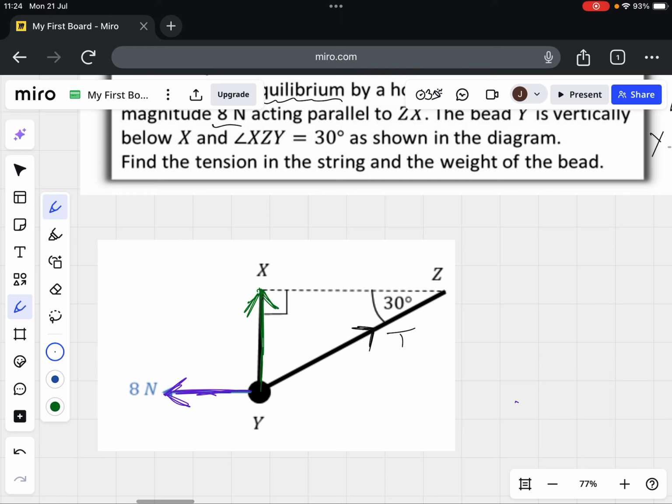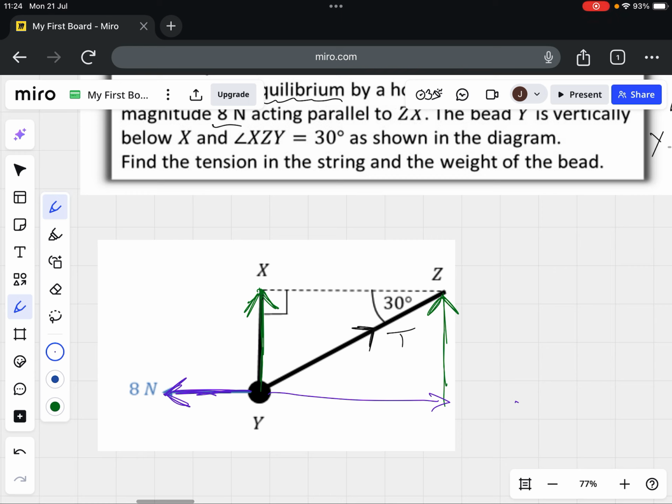How to handle this T? I could draw it up here, but I think that's a bit confusing. So I'm actually going to draw this one out slightly separate, so it's less confusing. So it should look something like that one there.